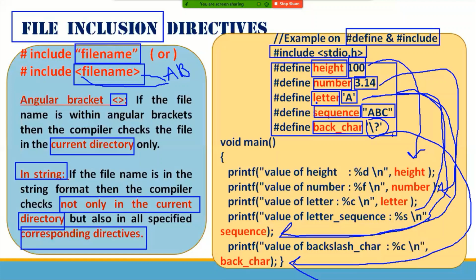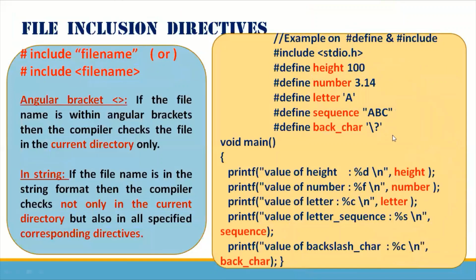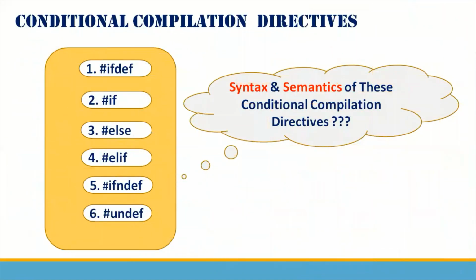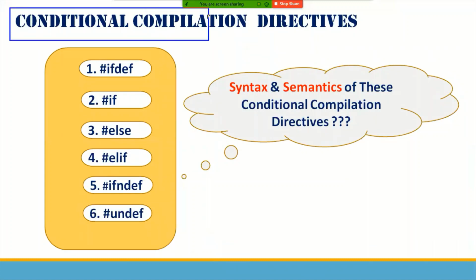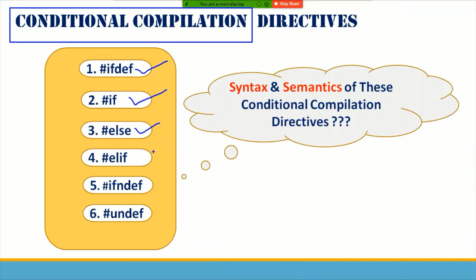That is about macro substitution directives and file inclusion directives. Now in this slide, we will see the different conditional compilation directives. Those are #ifdef, #if, #else, #elif, #ifndef, and #endif.